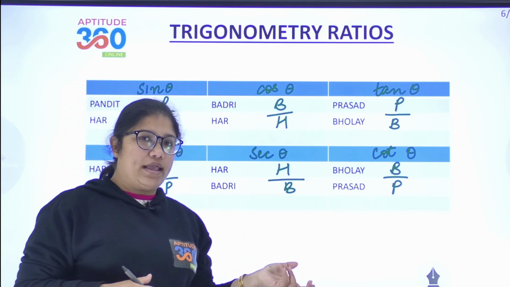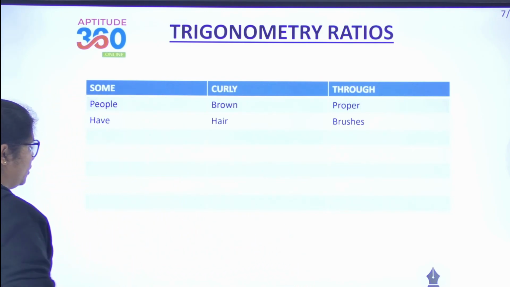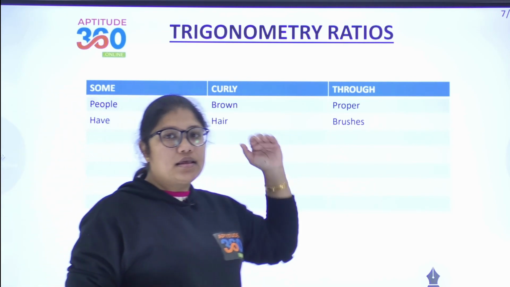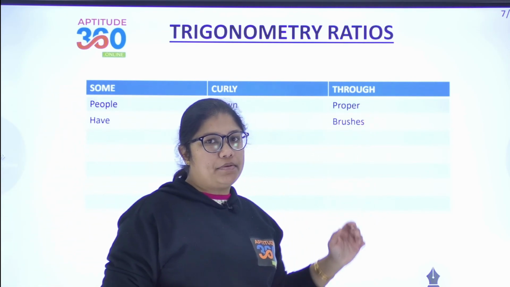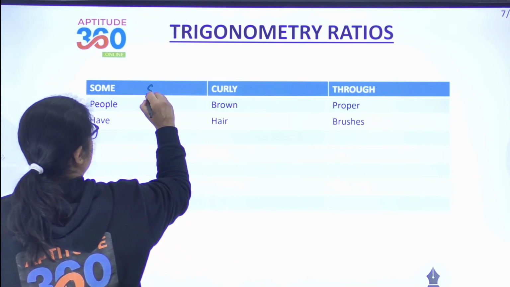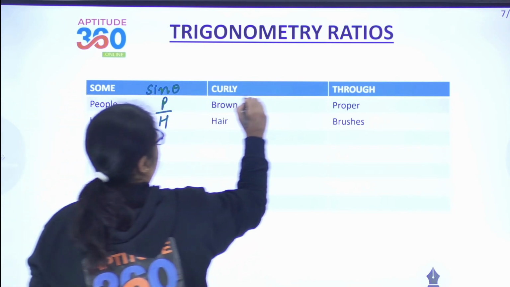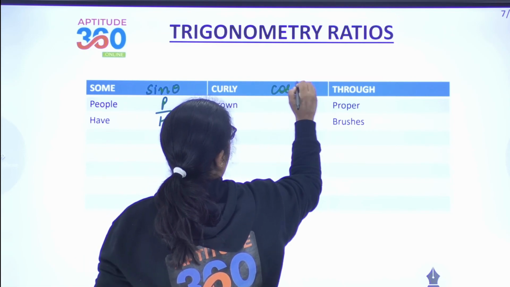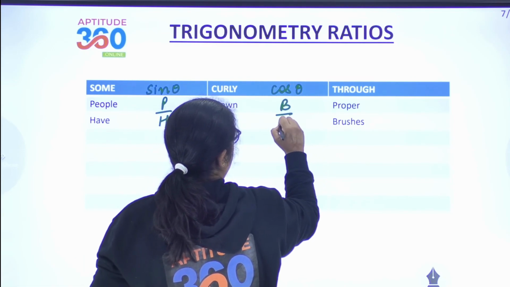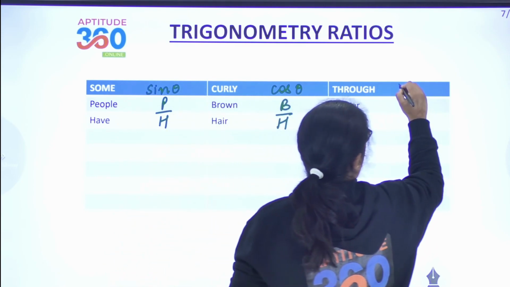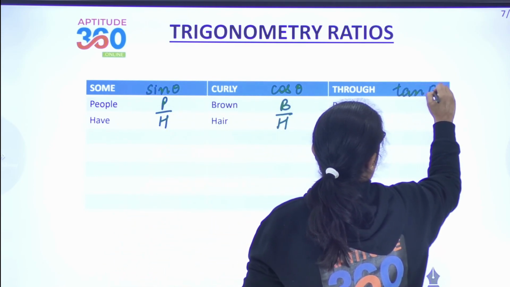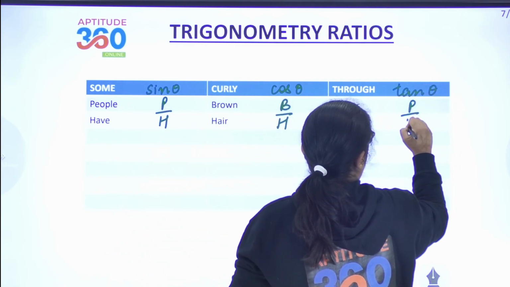There is another way, which is in English, which is called some people have curly brown hair through proper brushes. Where some represents your sine, some people have cos, curly, brown hair, base upon hypotenuse, through is for tan, proper P brushes.